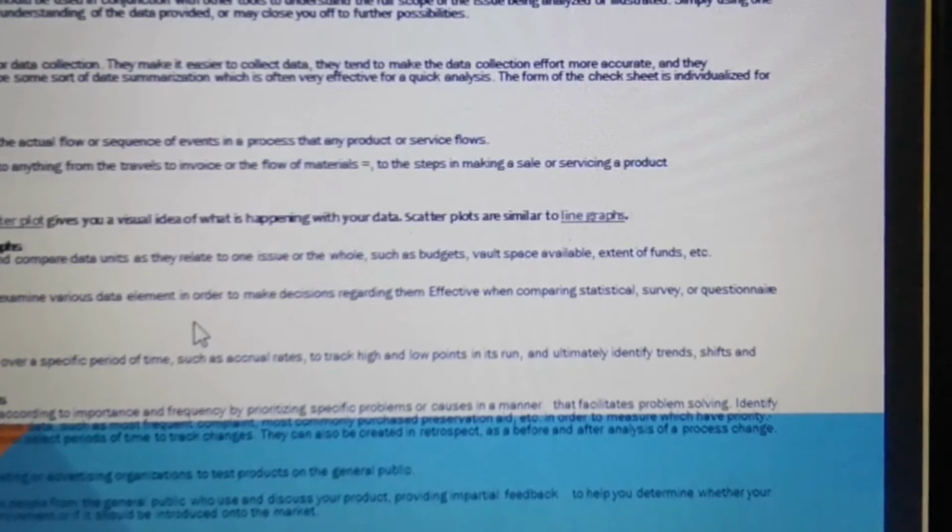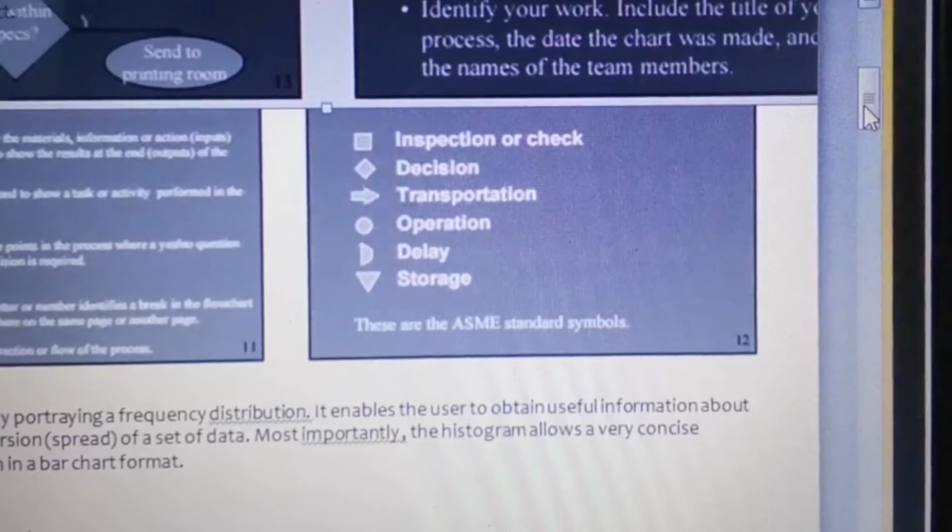A histogram is another tool used to examine various data elements in order to make decisions regarding the data. It is effective when comparing statistical, survey, or questionnaire results. For example, the histogram portrays a frequency distribution.